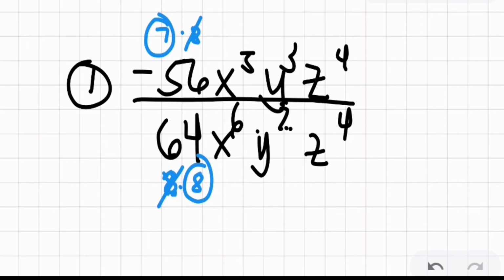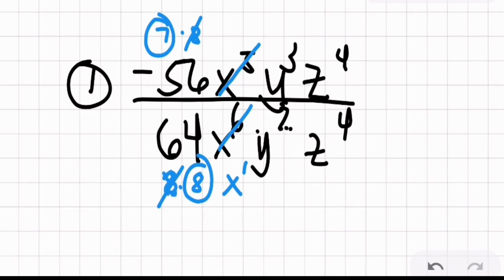Now for x, we have 5 copies of x in the numerator, and in the denominator we have 6 copies of x if we expand this. That means all 5 will be cancelled out, and we will be left with only one copy of x below.